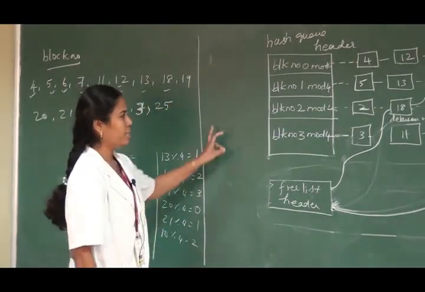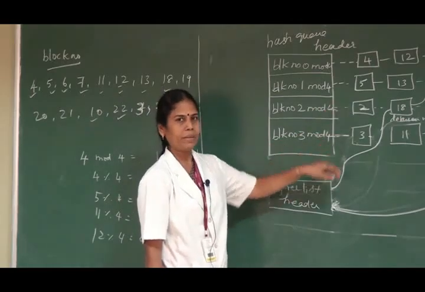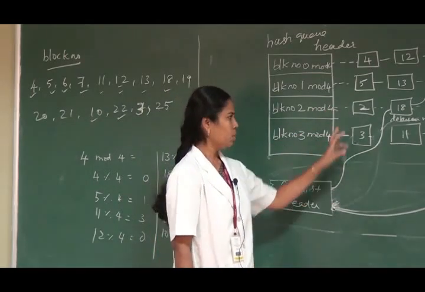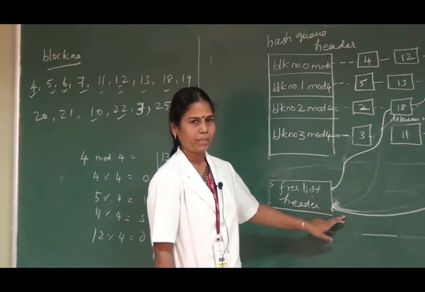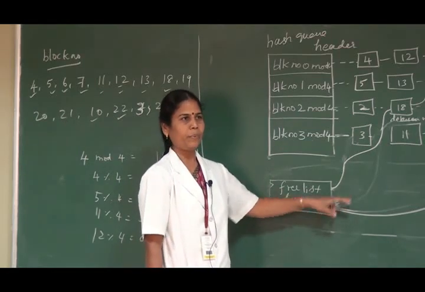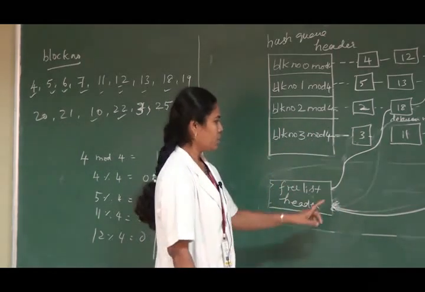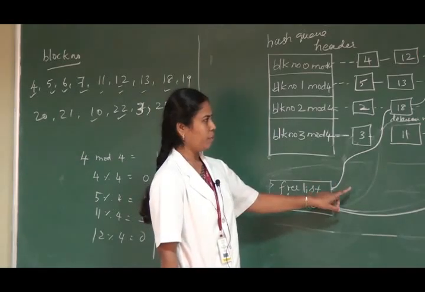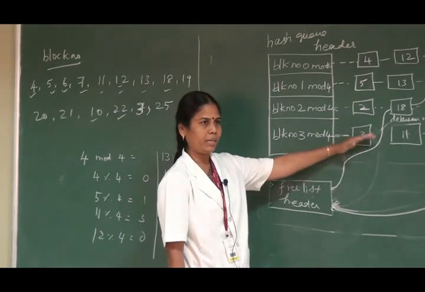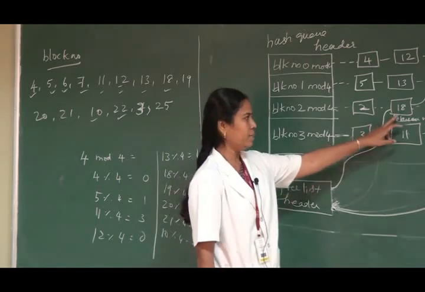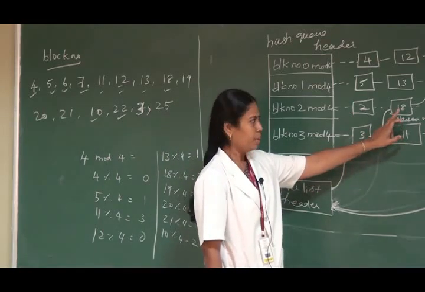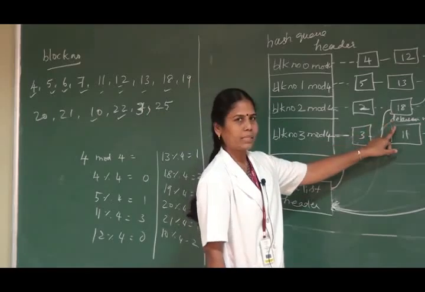So now the kernel checks for 25. The 25 is not available in the hash queue. So it has to allocate a buffer from the free list and it should be put in the proper hash queue. So it has to remove a buffer from the beginning of the queue only. The 18 is available at the beginning of the queue, but it is marked as delayed write.